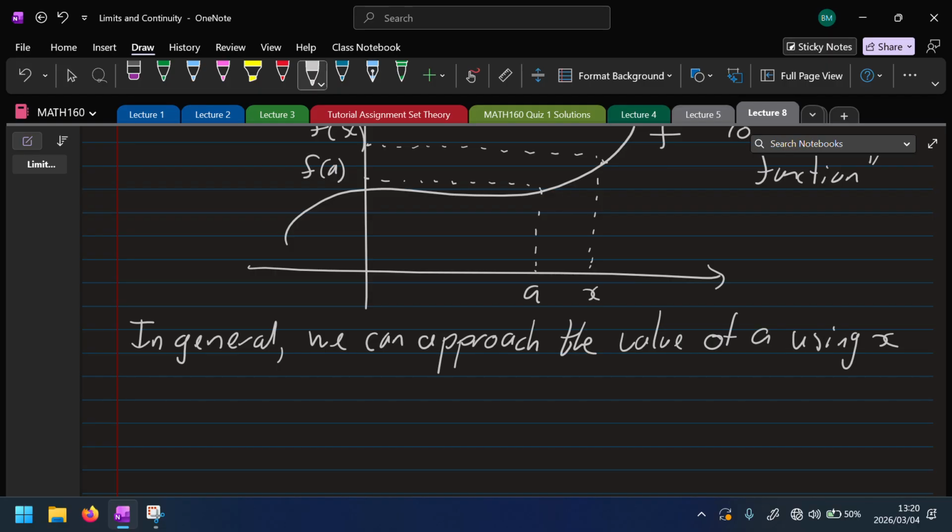That will be coming in from the left. We can start from the left and move to a on the right. Or we can start with x values greater than a and move to the left.